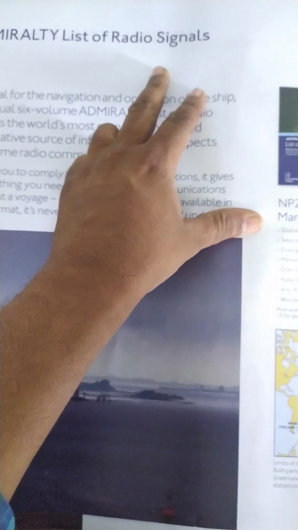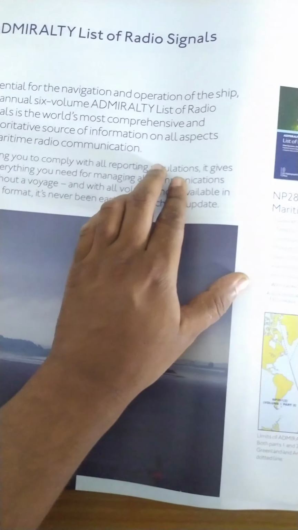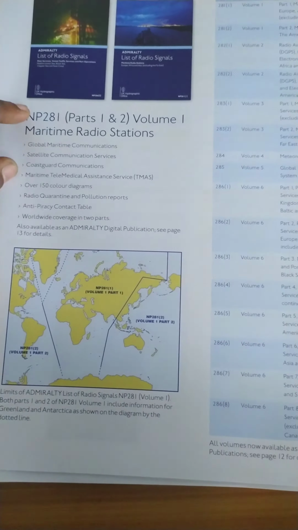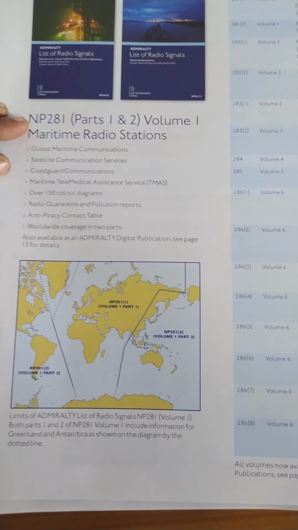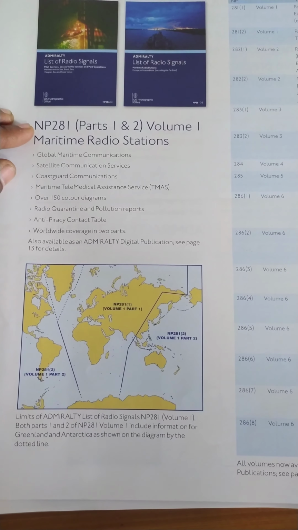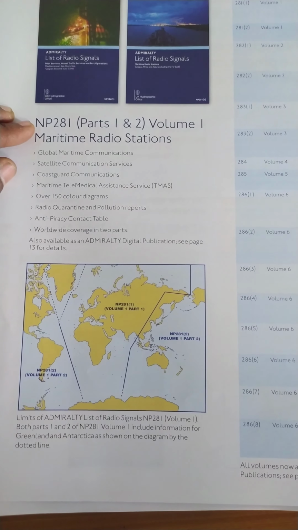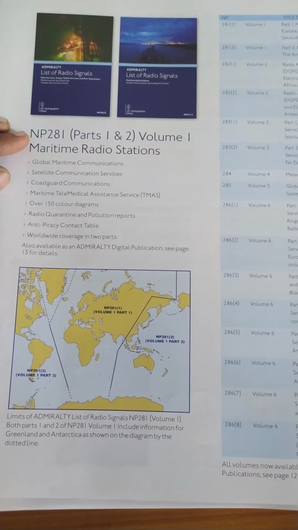Next comes the list of radio signals. Again, there are 6 volumes, and volumes 1, 2, 3 have 2 parts, and volume 6 will be having 8 parts, and volume 5 and volume 4 are single publications.